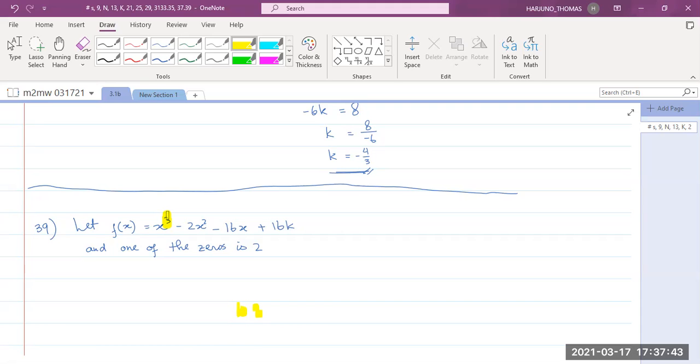Okay, one of them is 2. One of the zeros is 2. Then can we find the other zeros?